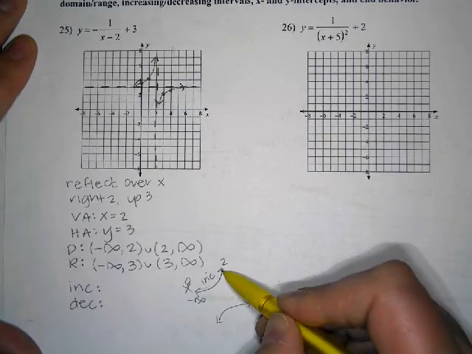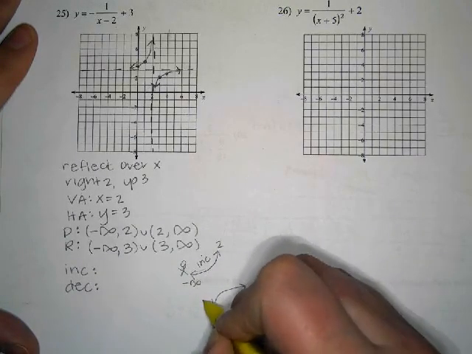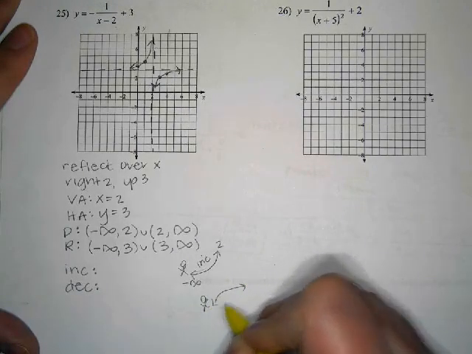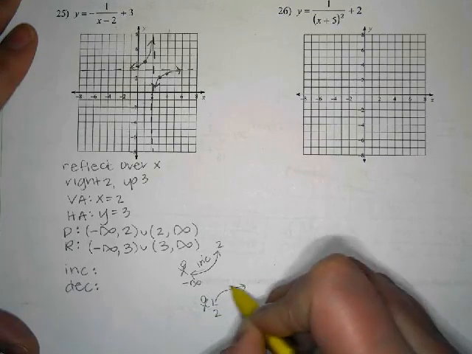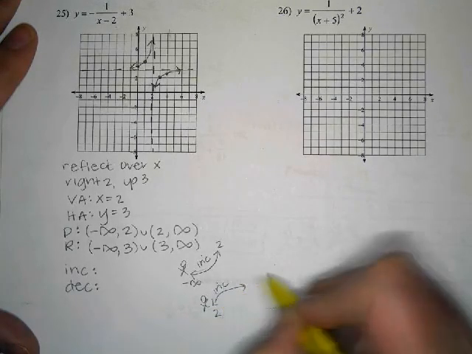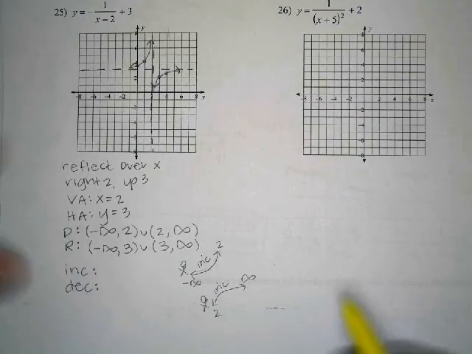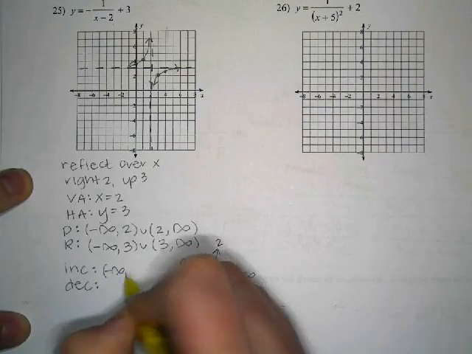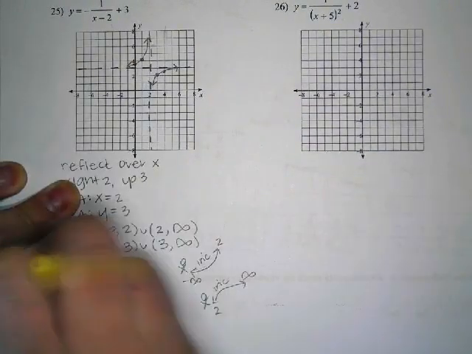And then this other stick figure crawls out of the fiery depths. He crawls out of the vertical asymptote, and he crawls up and over a cliff. But he's increasing, and he increases to a right arrow, which is positive infinity. So there are two increasing answers, negative infinity to 2 and 2 to infinity. And for decreasing, we're going to say none.